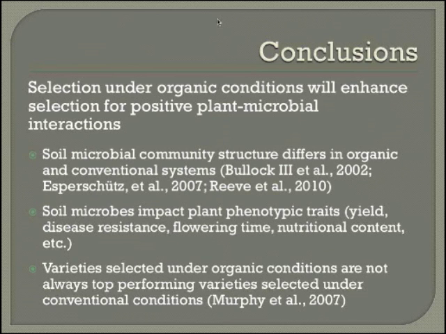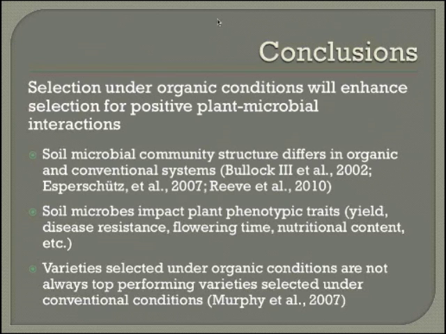And then I think selection under organic conditions is a good idea. A variety of studies have shown that the microbial community is much more diverse and active under organic systems as compared to conventional. And we know that soil microbes in controlled studies can influence plants' phenotypic traits, such as yields and disease resistance. We also know that the varieties that perform best in organic systems are not always the ones that perform best in conventional.